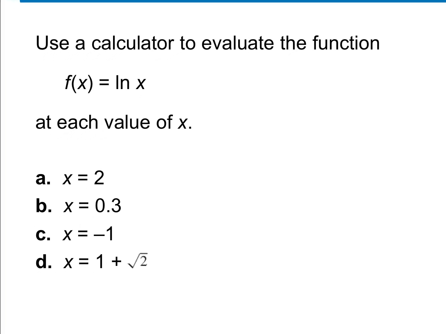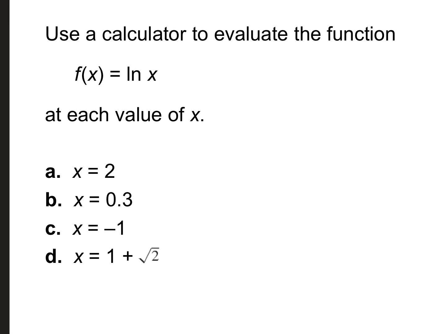So if we look at the first example for A, you are going to have ln of x, where x is equal to 2, so that's ln of 2. So again, just plug that into your calculator, round to 3 decimal places, you should get 0.693.